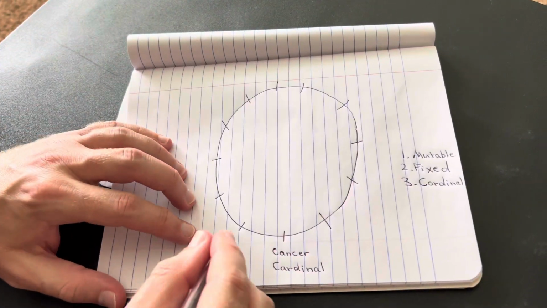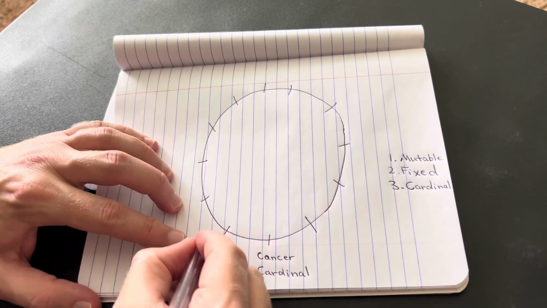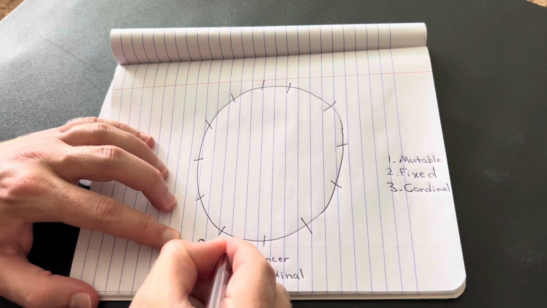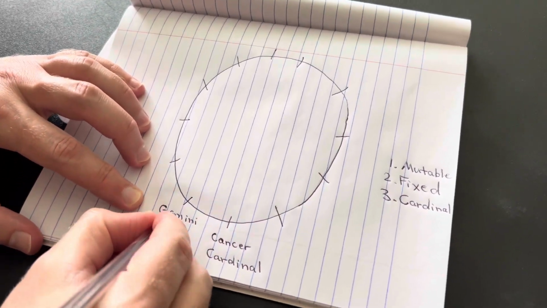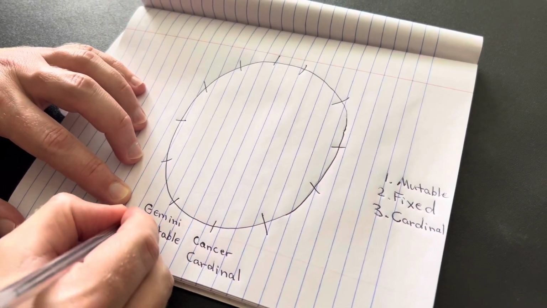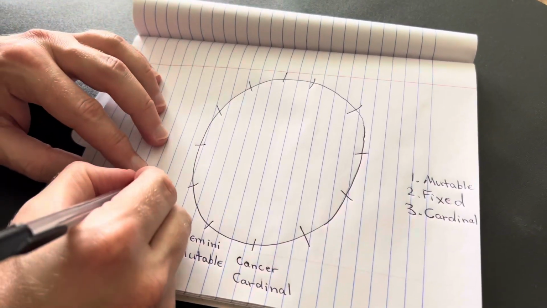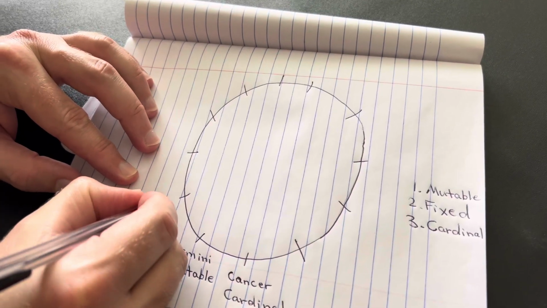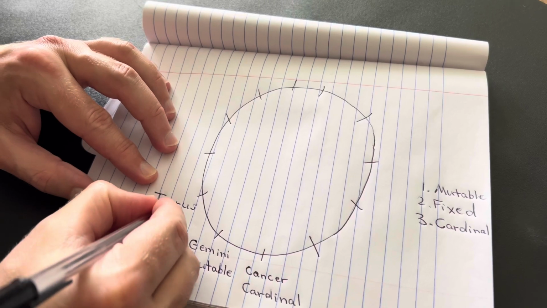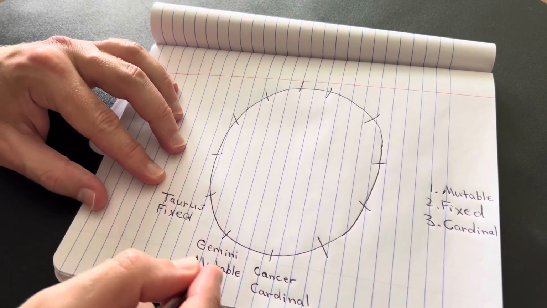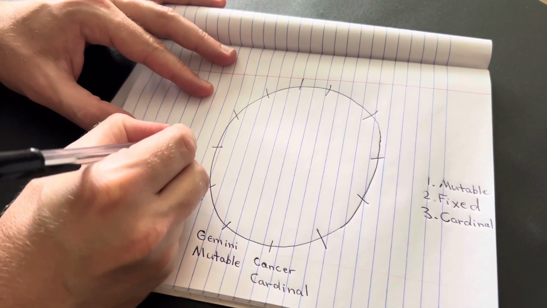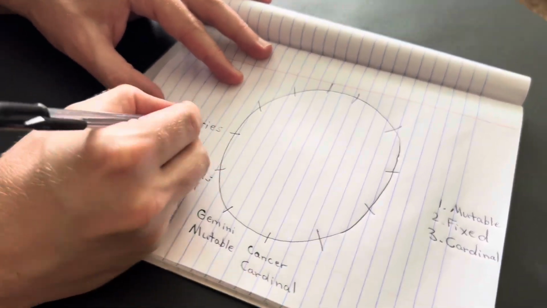Okay, so you've got Cancer, and then you've got Gemini, which is mutable. Then you've got Taurus, which is fixed. It always goes mutable, fixed, cardinal. And you've got Aries, which is cardinal.